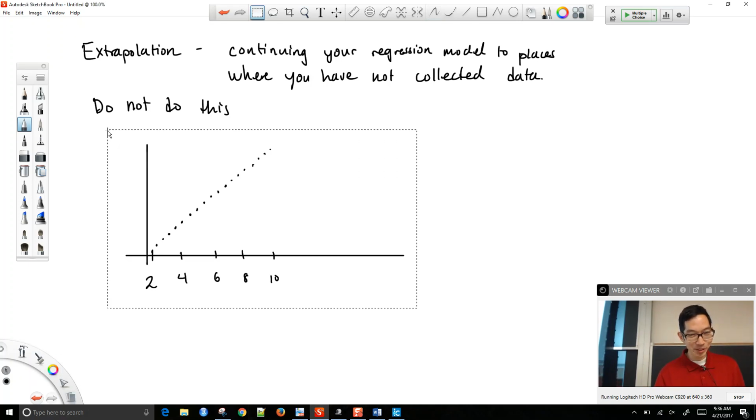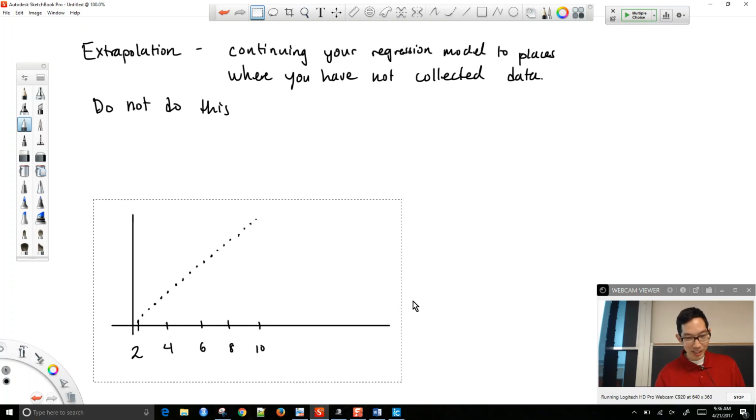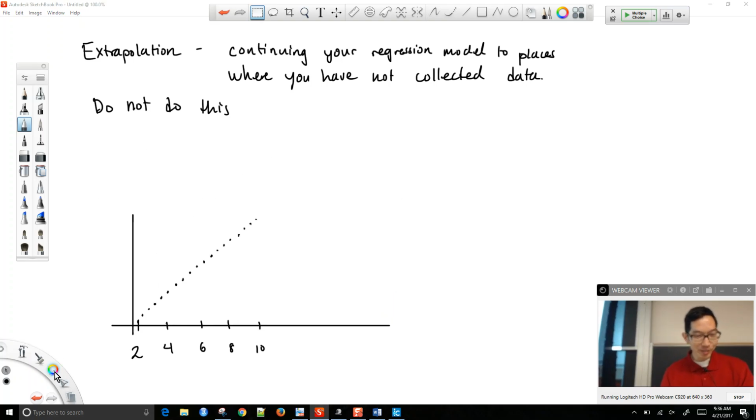Now this would be ridiculous, but what if you say, okay, I've fit a linear regression model, and based on my model, by the time this child is 40 years old, he will be 20 feet tall or something.